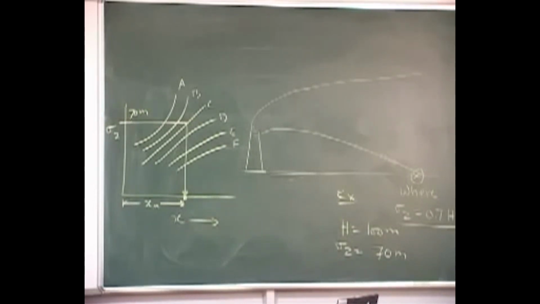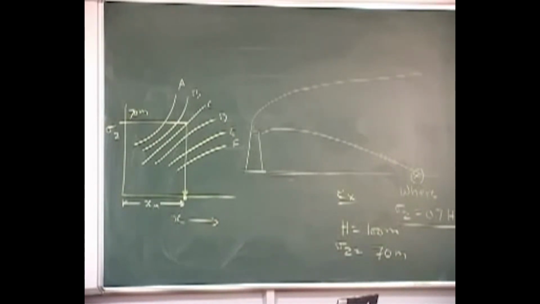And once you know where it will be, it is a simple calculation to find out what that concentration is. So with this xm, you go to your graphs of sigma y, and go in the reverse direction and find out the value of sigma y. Right, clear? And then you can fit in the values of sigma y and sigma z, you know sigma z, and you can find out the maximum concentration.